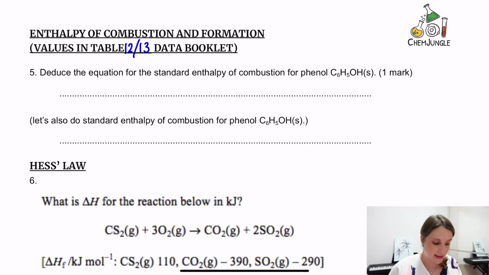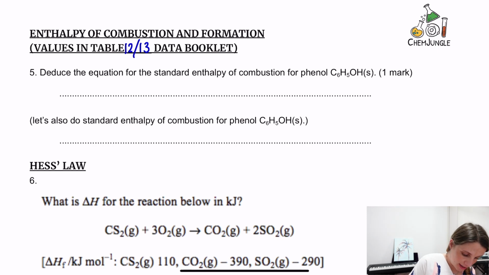So the first thing says, deduce the equation for the standard enthalpy of combustion for phenol. So if we're doing enthalpy of combustion, this is the enthalpy change when 1 mole of a fuel is burnt in excess oxygen when everything is at its standard states at room temperature and pressure.